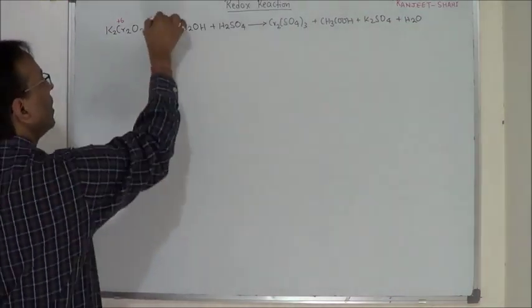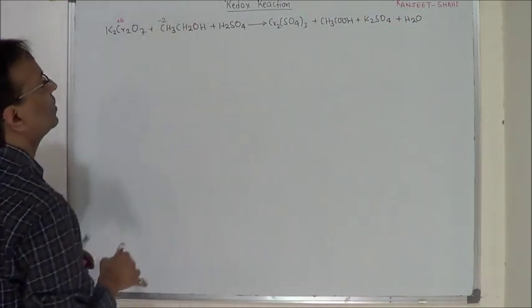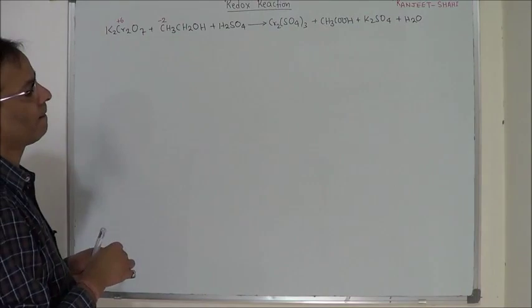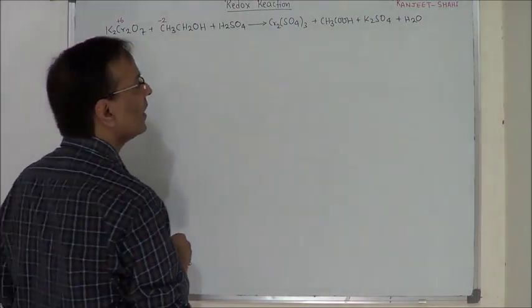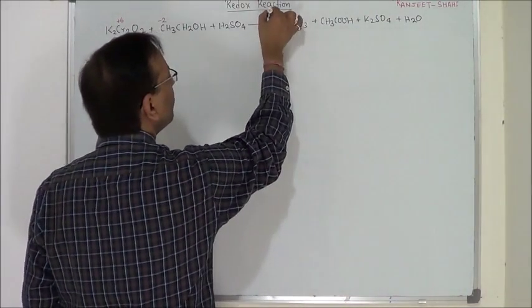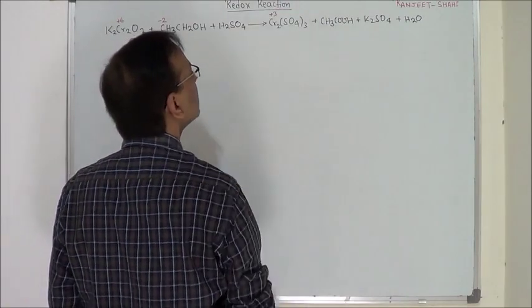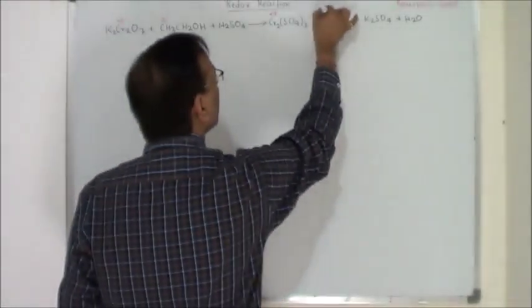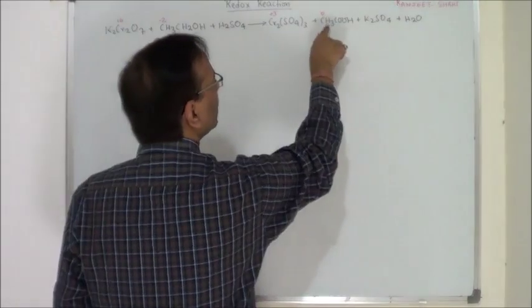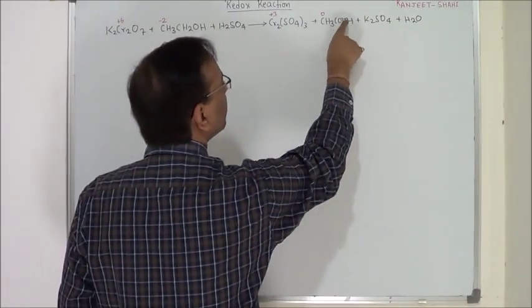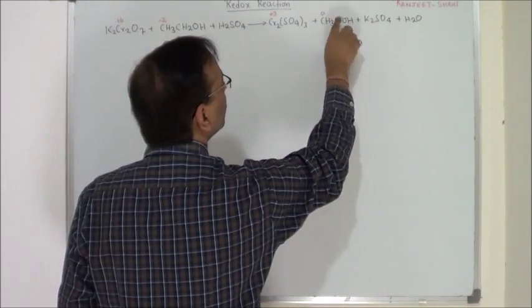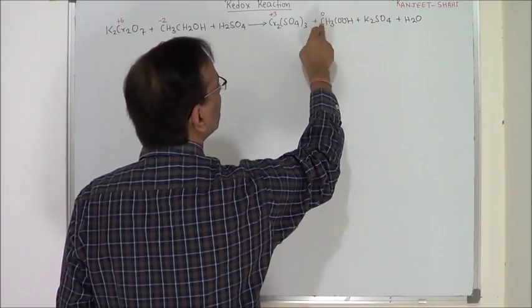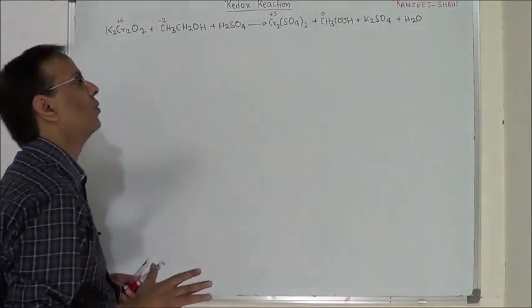So each carbon is in -2 oxidation state. On the right side, chromium is in +3 oxidation state and carbon is in 0 oxidation state. 3 plus 1, 4 hydrogen plus 4, 2 oxygen minus 4, so plus 4 minus 4, 0, so the oxidation number of both carbons is 0.